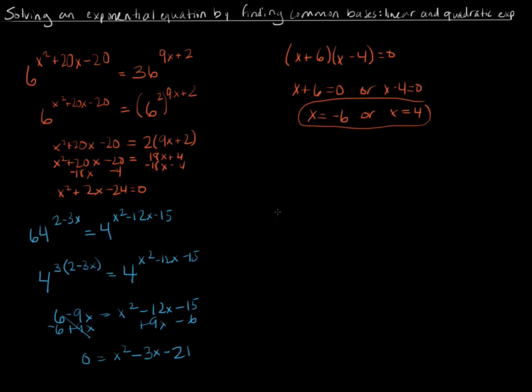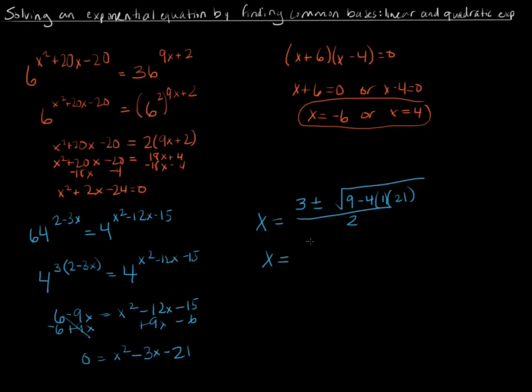So the quadratic formula is x equals negative b, so 3 plus or minus the square root of b squared, which is 9, minus 4 times a, which is 1, times c, which is 21, all over 2.